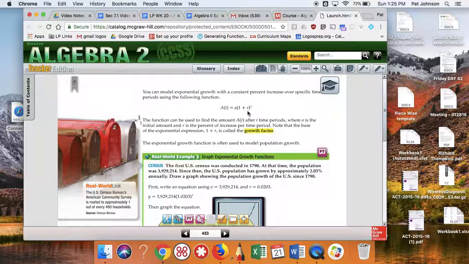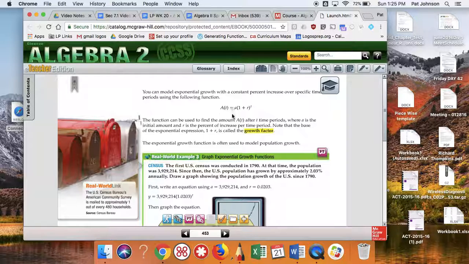Now, really quick, a growth factor. Let's look at this model here, this formula. This is exponential growth with a constant percent increase over a specific time. So this is obviously an accounting or financial piece for interest. So the 1 + r is called the growth factor.